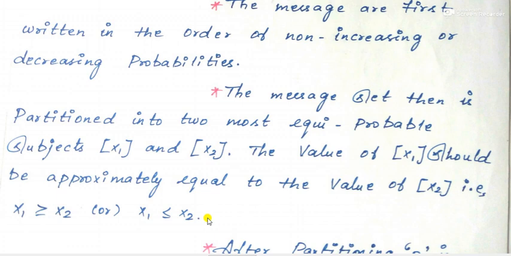So this is a condition. The message should be partitioned into two most equiprobable groups, so we have to group the messages. This is procedure 2.